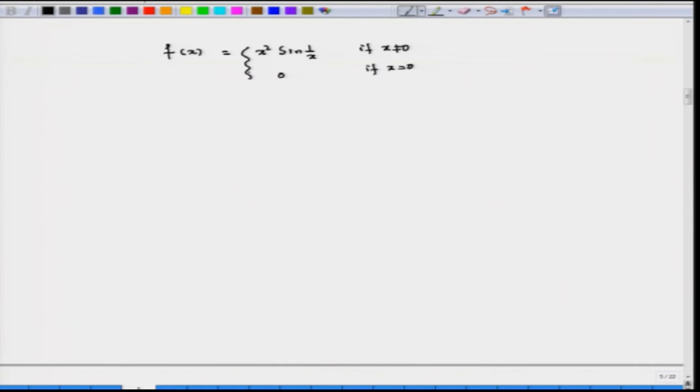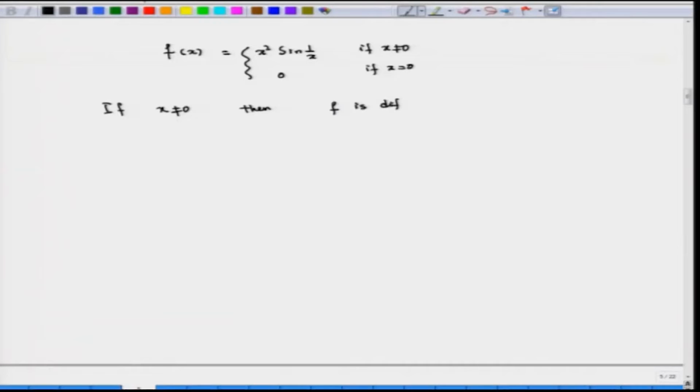Now, obviously, if x is not equal to 0, then x square is differentiable and sin 1 over x is differentiable. By the chain rule, sin 1 over x is differentiable, and so x square sin 1 over x is also differentiable.